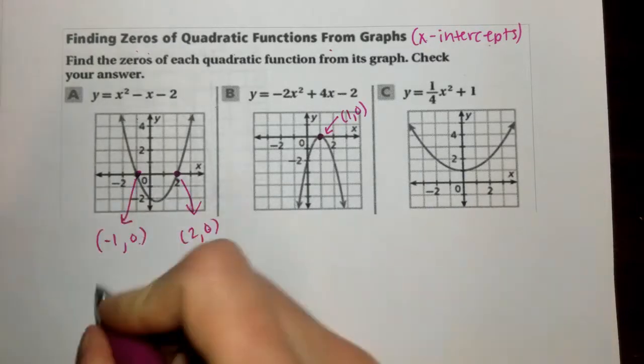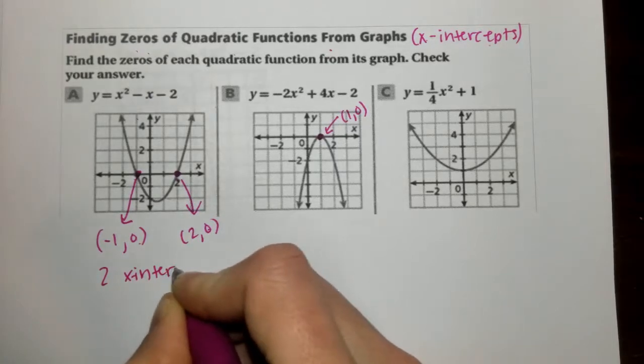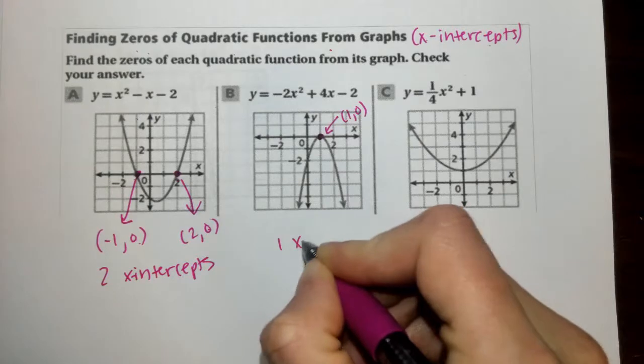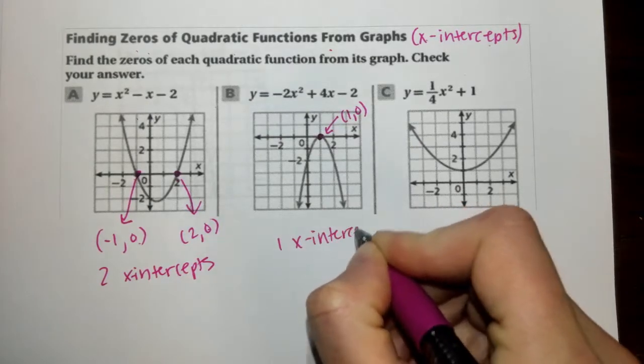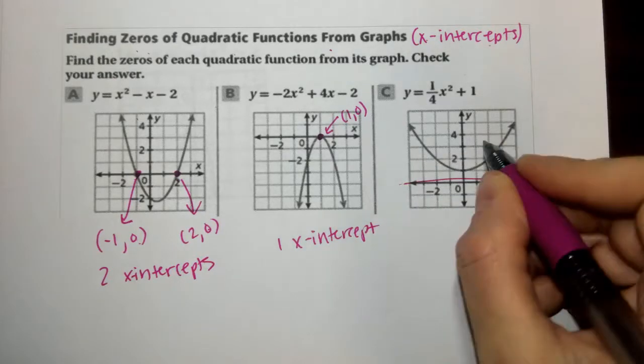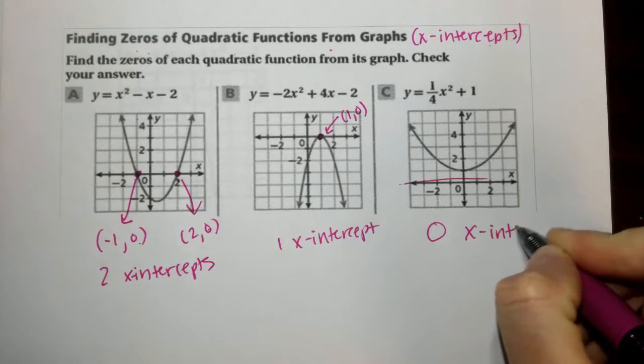For example, this has 2 x-intercepts. This has 1 x-intercept, and you'll already notice that this never touches this x-axis, so it has 0 x-intercepts.